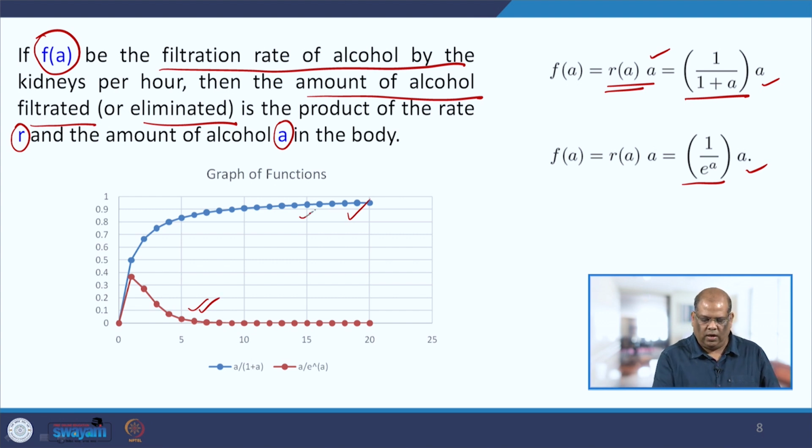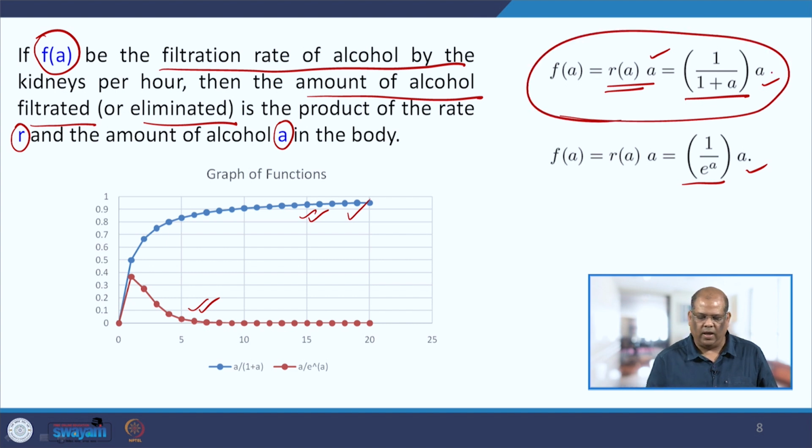So, this one seems to be reasonable, and that is what we will take, the rational function multiplied by A as our F.